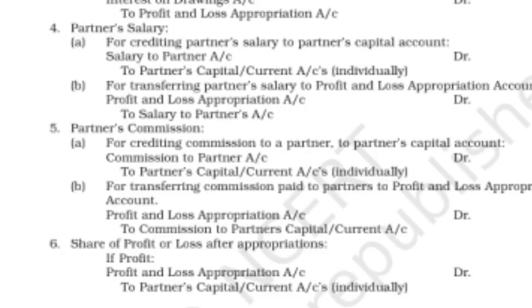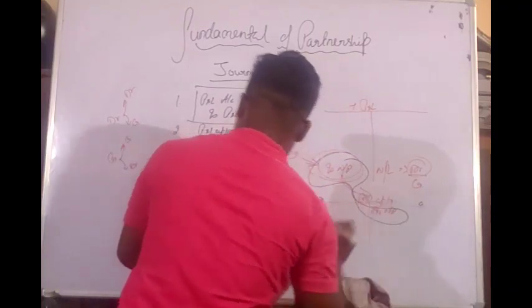Similarly for salary and commission you have to pass this journal entry. Again from these journal entries, I hope you can prepare the profit and loss appropriation account ledger. This is debit, this is credit.